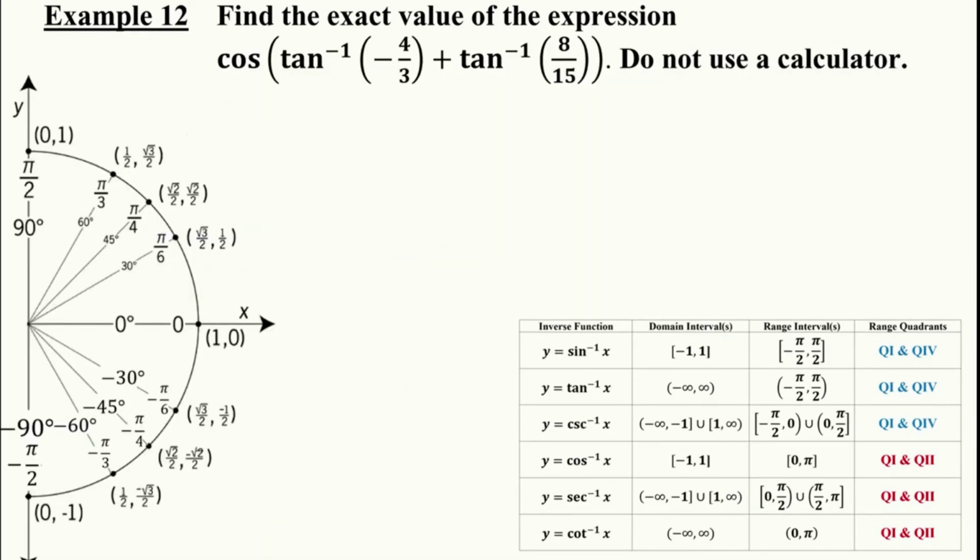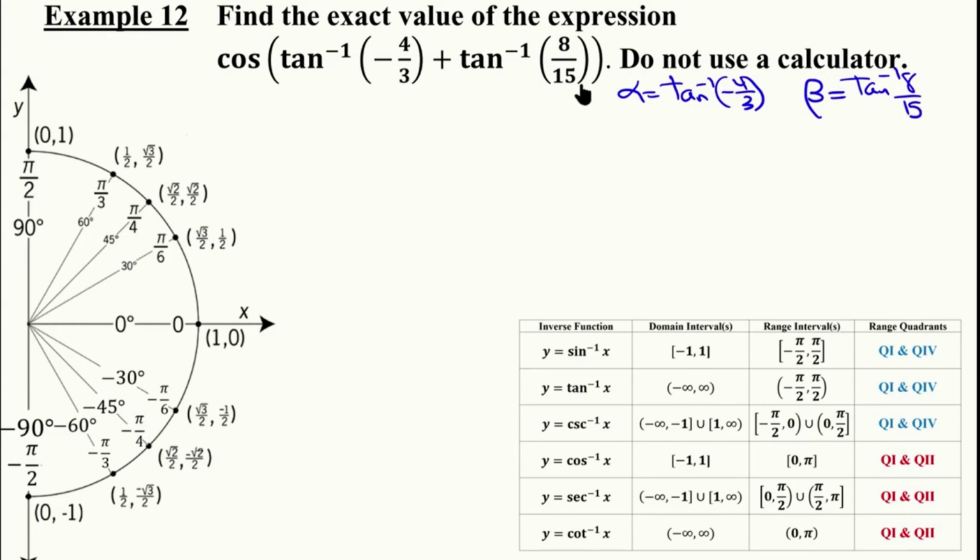All right, so here we have another situation. So notice, instead of just having one angle, we have 2, so no big deal. We will go ahead and give them 2 names. So for example, we can let alpha be inverse tangent of -4/3, and we can let beta be the inverse tangent of 8/15.